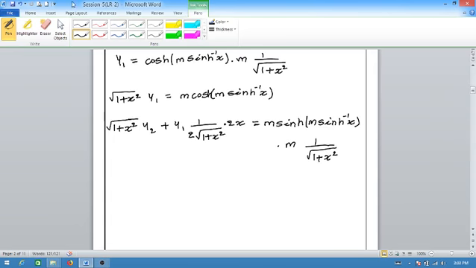Now here the 2 gets cancelled. Now take the LCM. So root of 1 plus x square is the LCM.